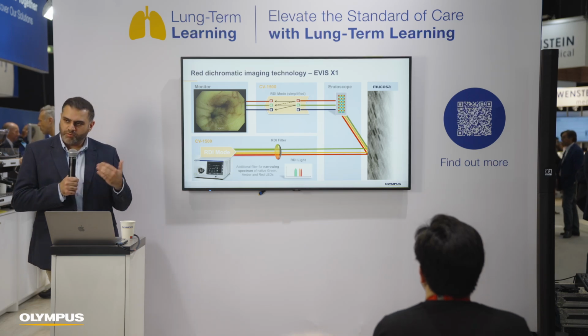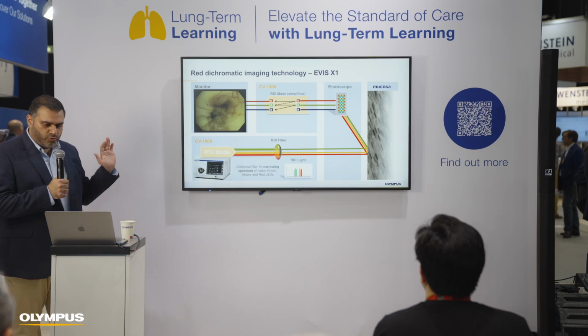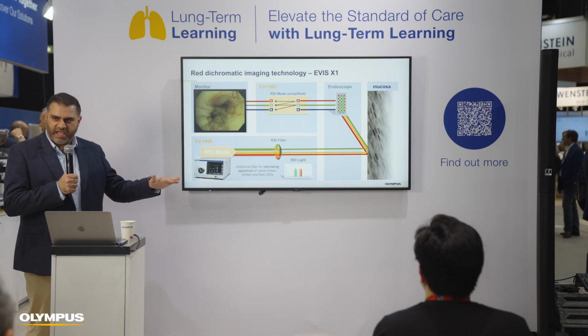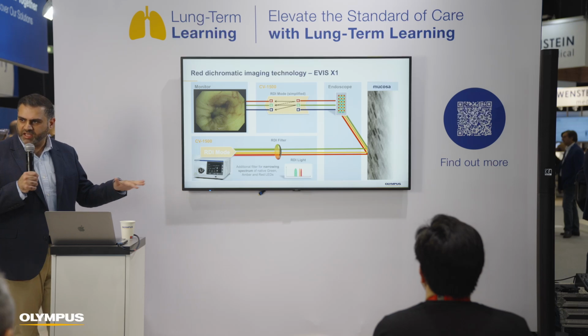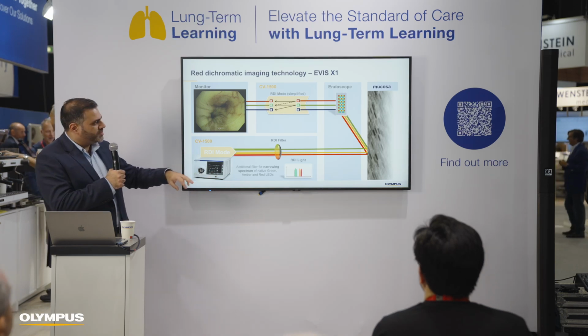So just to summarize what red dichromatic imaging is. Normally in our white light bronchoscope, we have all the wavelengths of light coming through. With RDI, the blue and ultraviolet wavelengths are removed. So what we have are the red, amber, and less of the green, and then through a specific filter it's filtered down to 3 specific wavelengths.